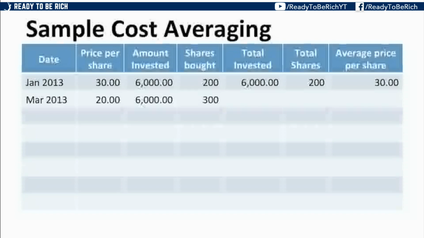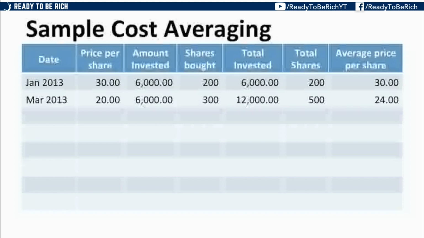So with 6,000 pesos and at 20 pesos per share, you will now be able to buy more shares, and in fact you will be able to buy 300 shares of this particular stock. So how much have you invested already? You will have a total investment of 12,000 pesos.